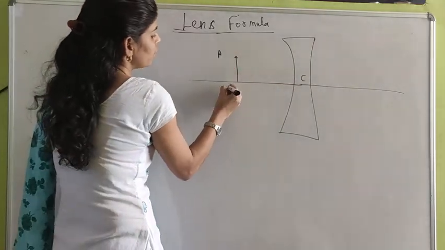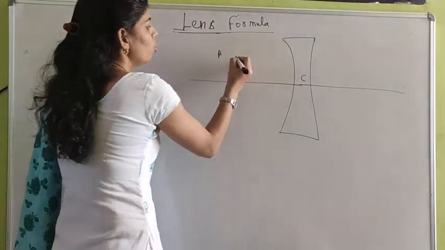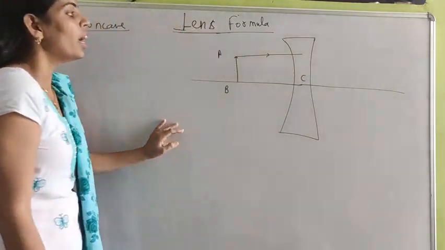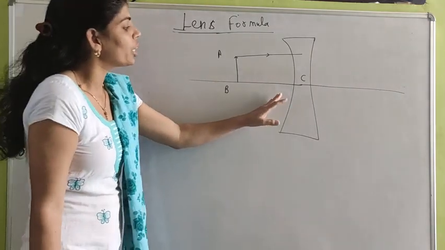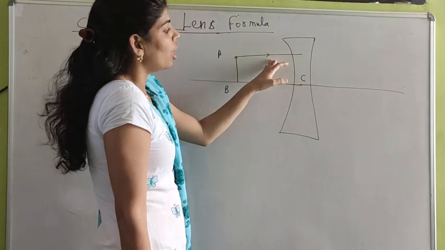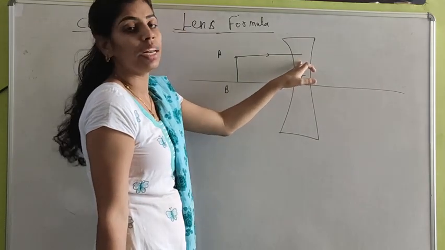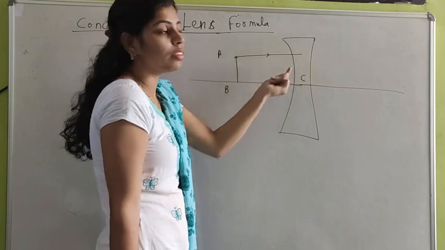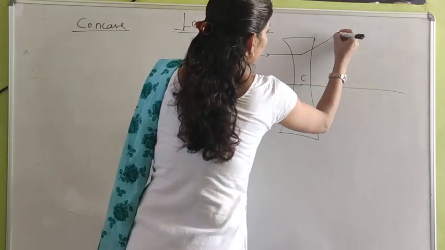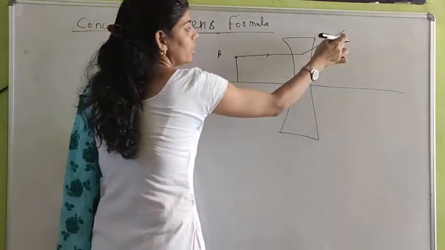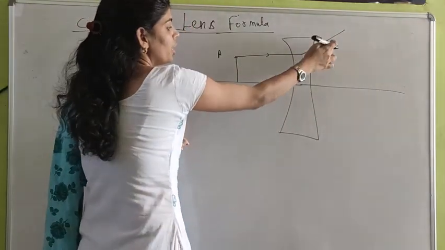So this is A, this is B. From the object, one ray will go parallel to the principal axis, and as you know that concave lens is a diverging lens. So this ray, after entering into the lens, going from rarer medium to the denser medium, it will bend towards the normal, and this ray would go like this. So it will diverge, it is a diverged ray.